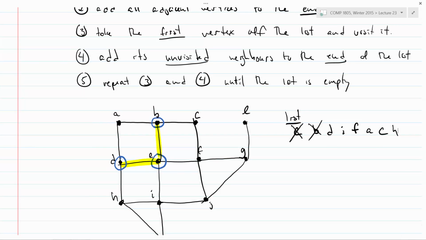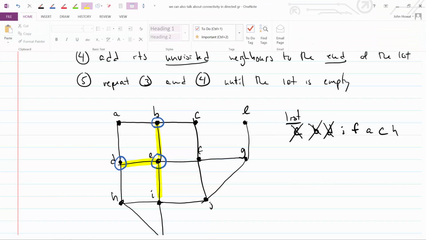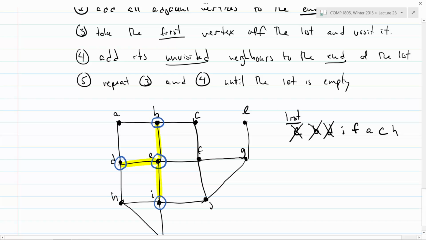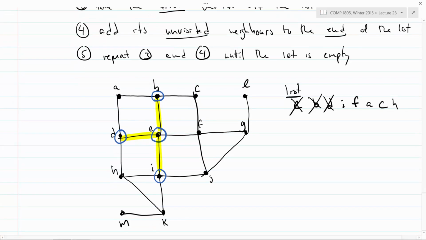Okay, so now I've finished with D, so I go to I. So I follow this edge to I, and now I is visited. And I add in the unvisited neighbors of I, which are H, K, and J. H is already in there, so I need to add K and J. That's okay?